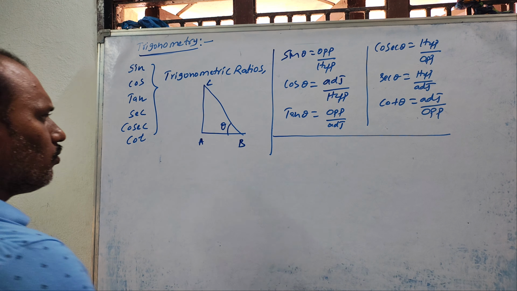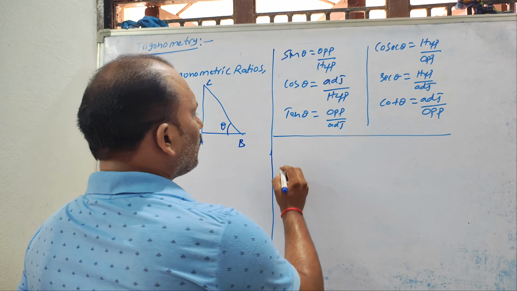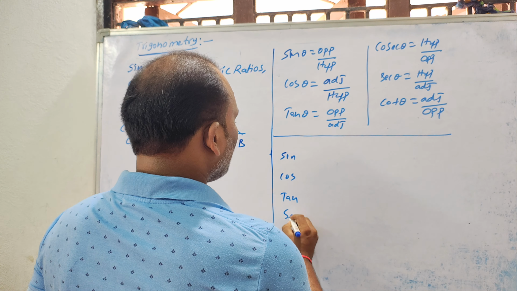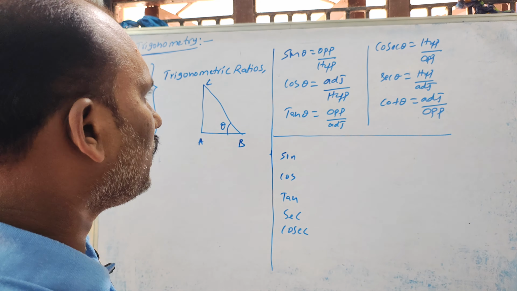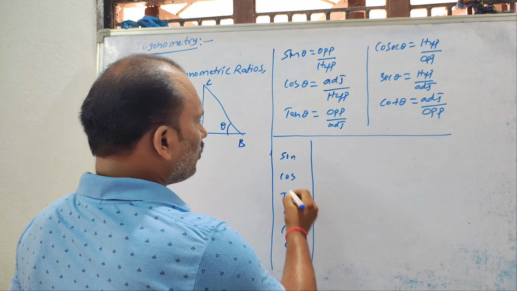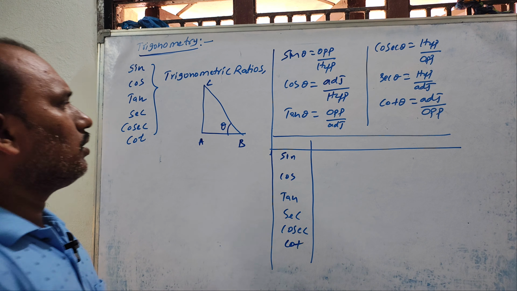The second thing is that we learn a table also, with sin, cos, tan, secant, cosecant, and cot. Everybody must learn this table, then only we get a grip on trigonometry.